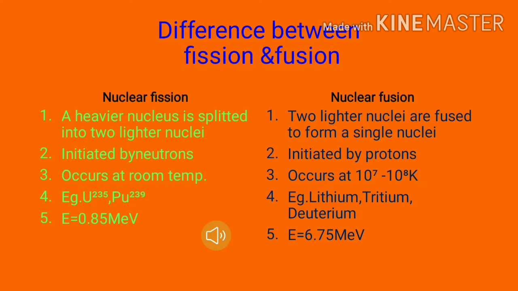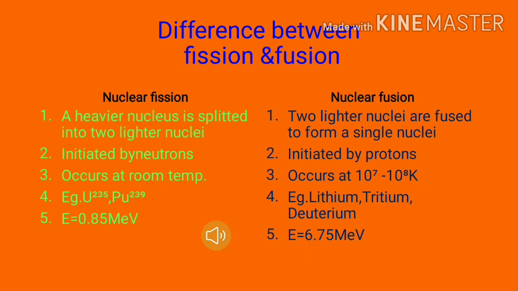When a neutron is bombarded with uranium atom, it breaks into barium and krypton. It occurs at ordinary temperature. Kalpakkam and Koodankulam nuclear reactors are examples of nuclear fission. Fusion occurs in sun and stars.